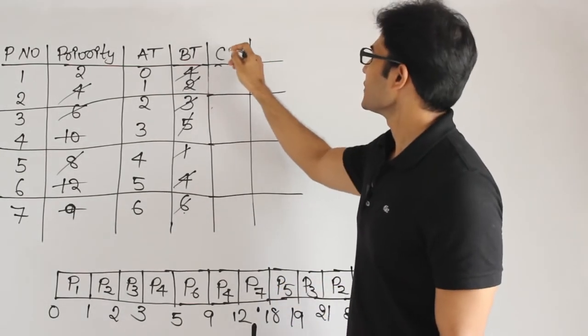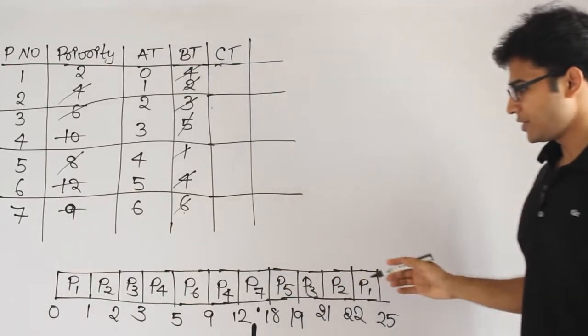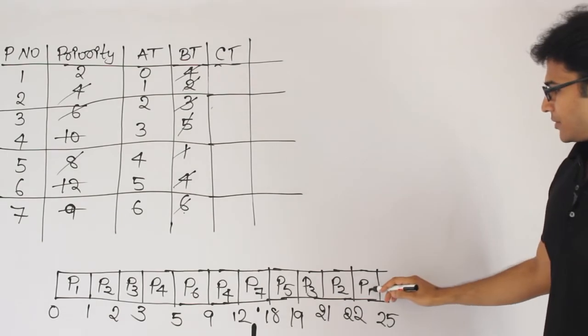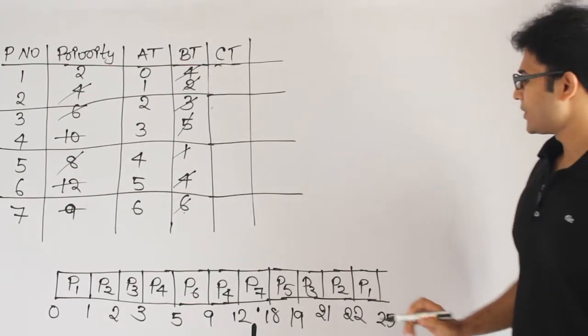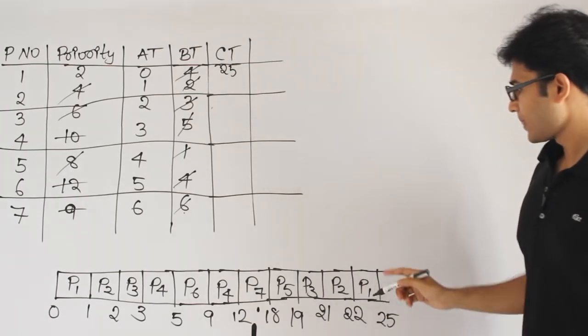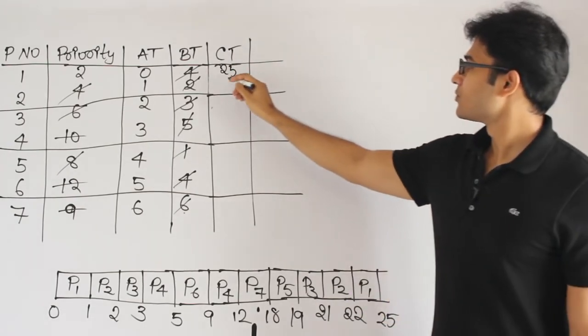Now what about completion times? Since this is a preemptive version, you are supposed to check the completion times from the right end, right? So what is the completion time for P1? P1 got completed 25. And what about P2? P2 got completed 22.